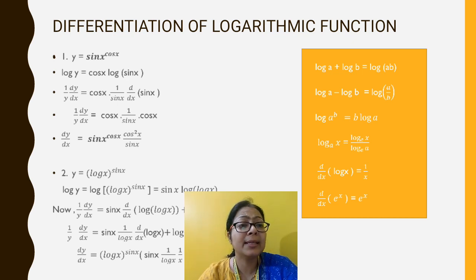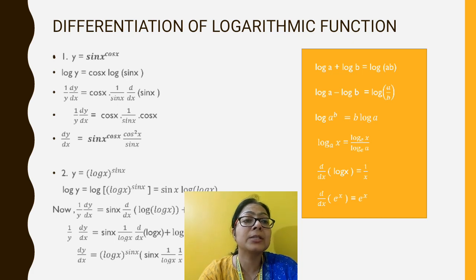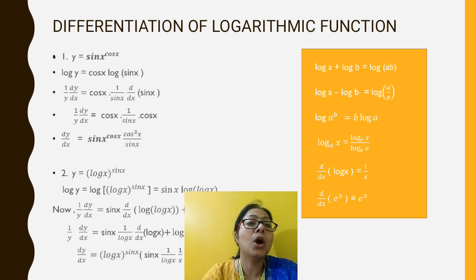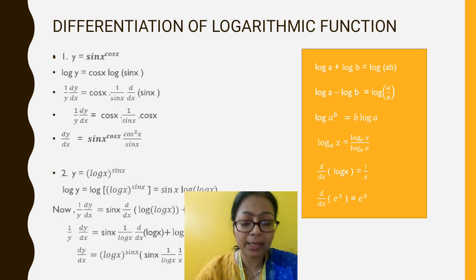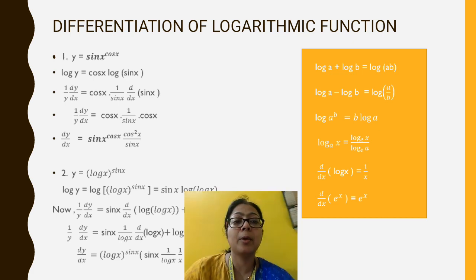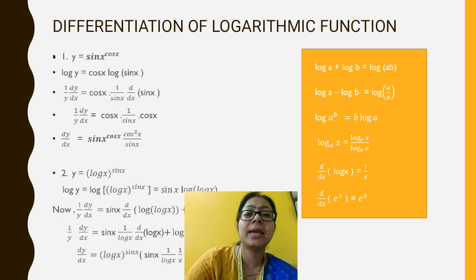Then there is change of base. If we want to change the base, we use this formula: log x to the base a is equal to log x to the base e by log a to the base e. This way we can change our base. And the derivative of log x is known, that is 1 by x, and the derivative of e to the power x is e to the power x only.